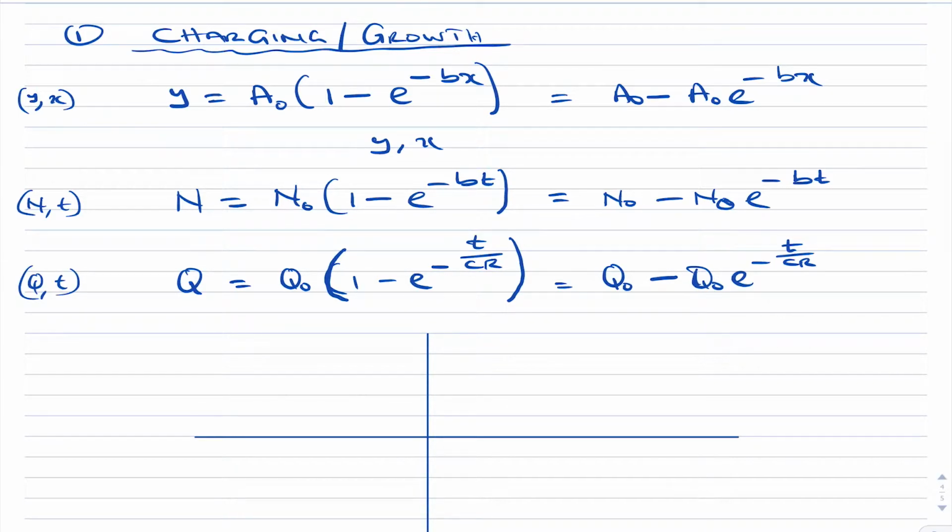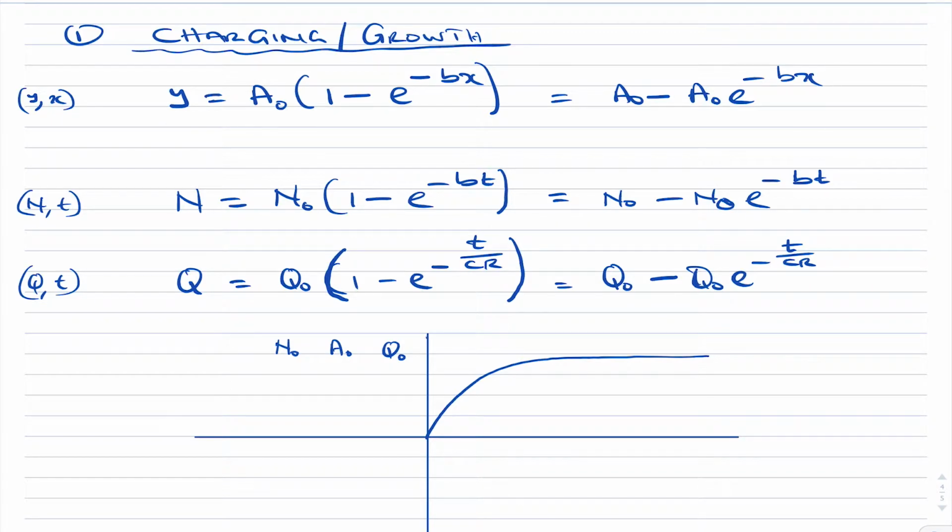Those are the variables here. Now, the graph of the charging will be a growth, then approach a line of asymptote, and that could be Q naught or A naught or N naught.